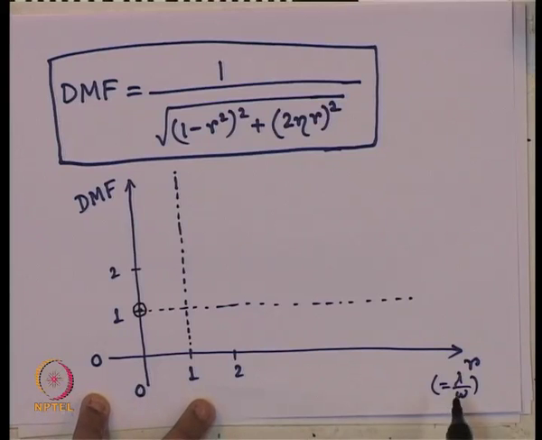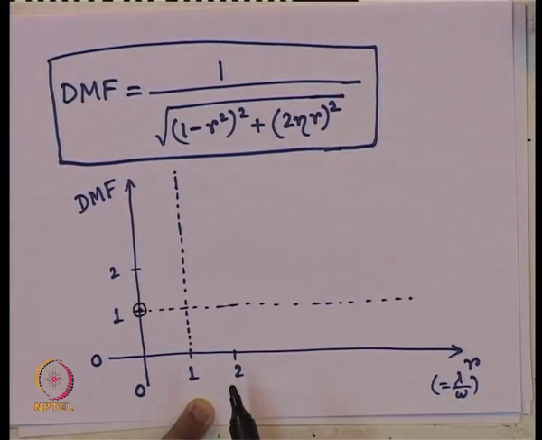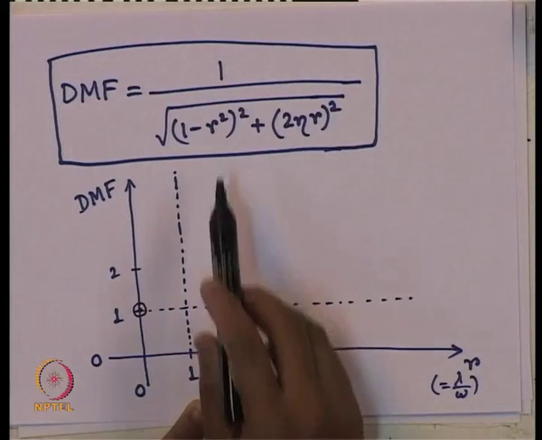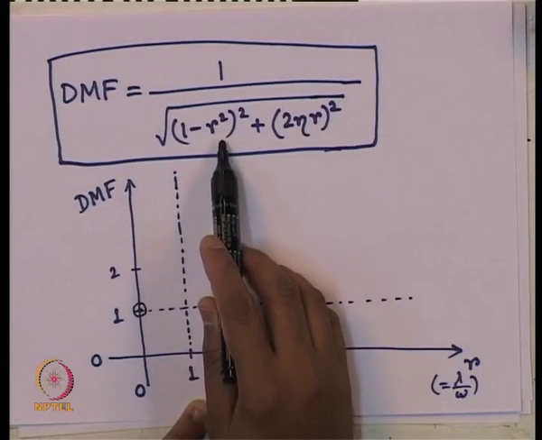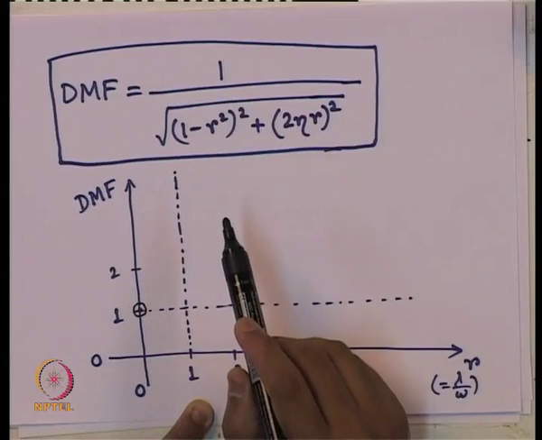Now, let us look at r equals 1 and an undamped system, that is eta equals 0. With r equals 1, what should be the value of DMF? R is 1, we are putting it in this, it becomes 0, eta is also 0.